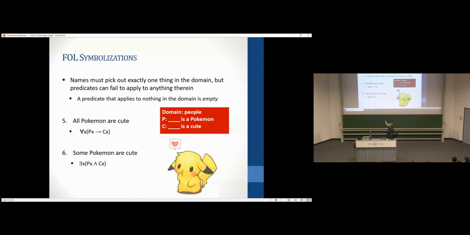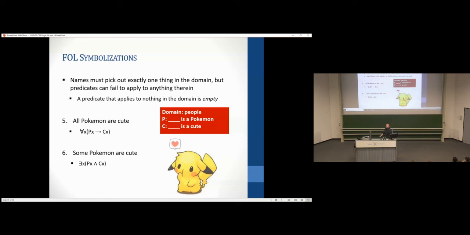Okay? Now, let's think about, actually this comes right back to what you asked me. Given the domain, there's something really funny about this sentence. What's funny about this sentence? Well, no. So it's not considering people as Pokemon. Sorry. Right?